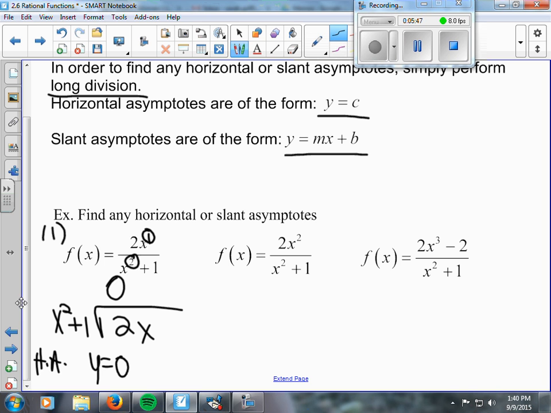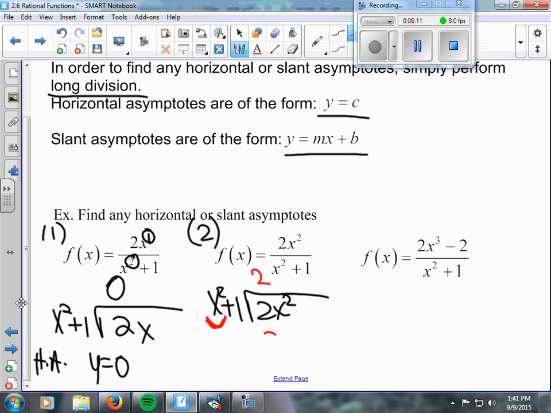All right, and the next one, in question 2 here, I fixed the degree of the numerator. Now it's big enough. So when I perform the long division, x squared plus 1 goes into 2x squared. Whenever you're doing this, remember, only look at the first term and ask, what can I multiply this x squared by to get 2x squared? That would be the number 2.